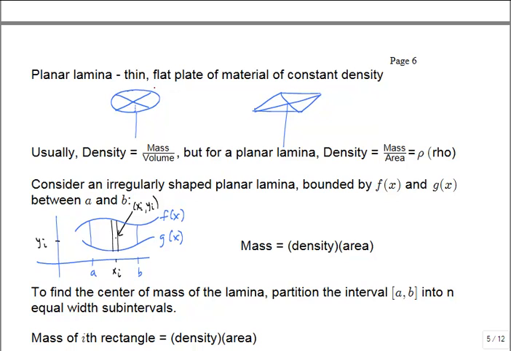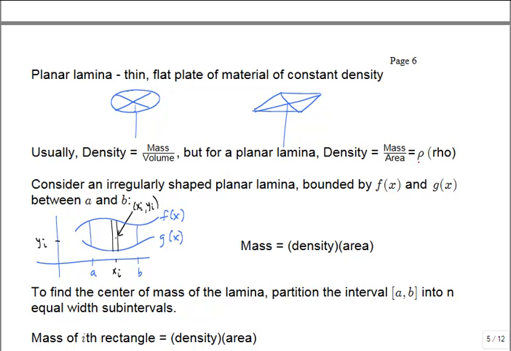It's a very thin, flat piece, really has no depth or thickness to it, and it's just a plate of constant density. Now normally when we talk about density, density is defined to be mass divided by volume, but for a planar lamina, density is mass divided by area, because this doesn't really have any thickness to it. And we define that to be rho, that's this fancy Greek letter rho right here.